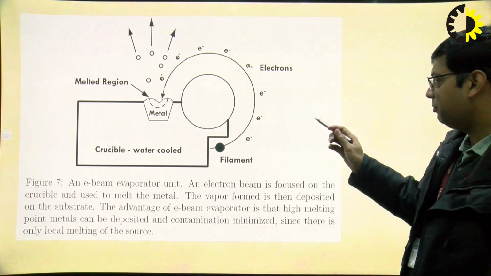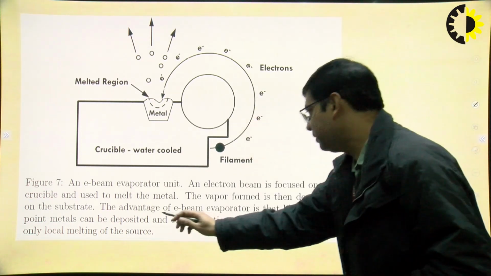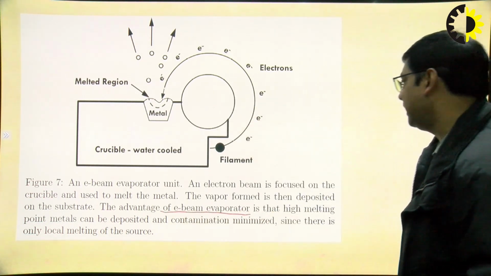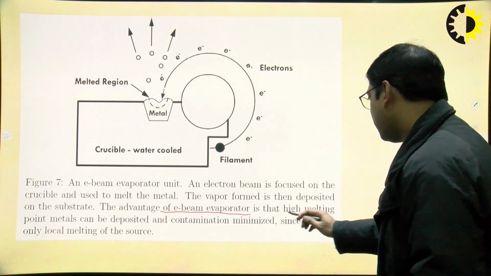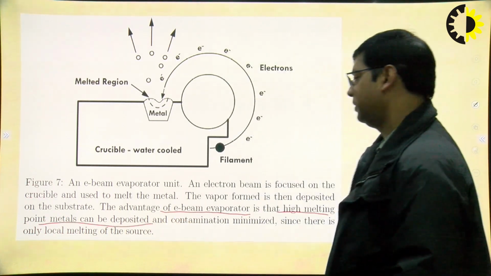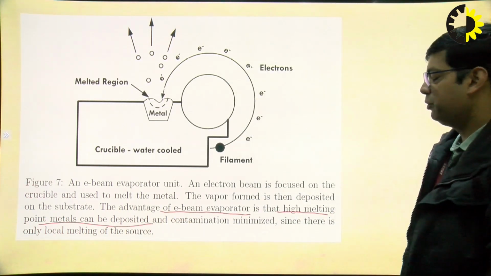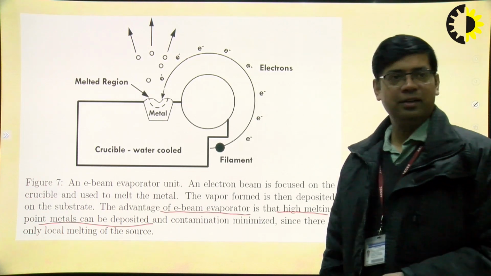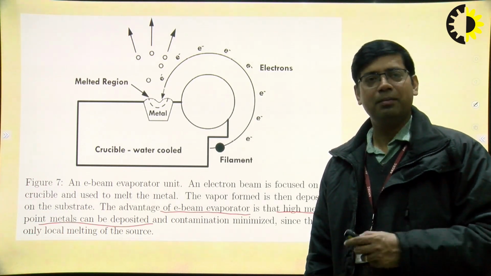And the advantage of this E-beam evaporator is that the high melting point metals can be deposited, because we don't need to raise the temperature at a lower temperature.